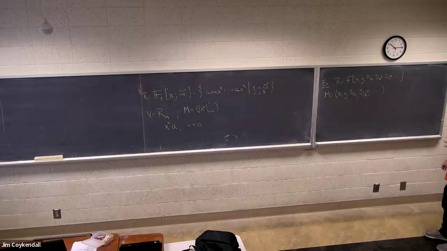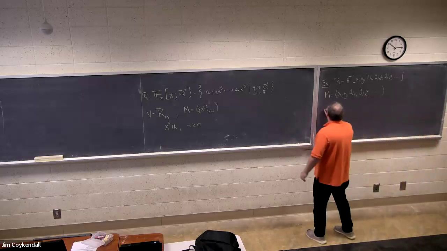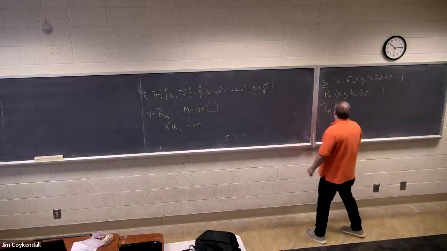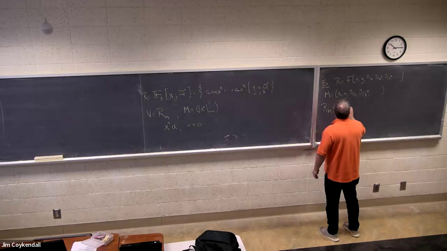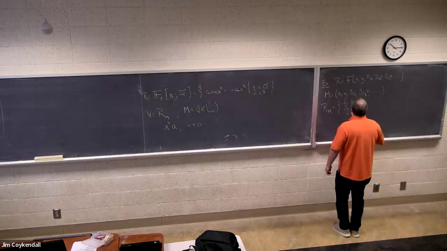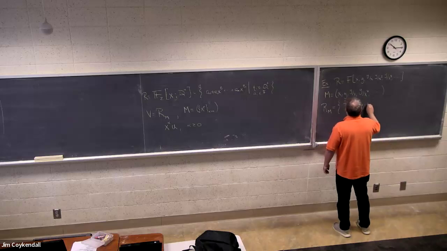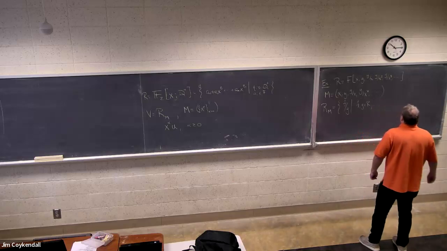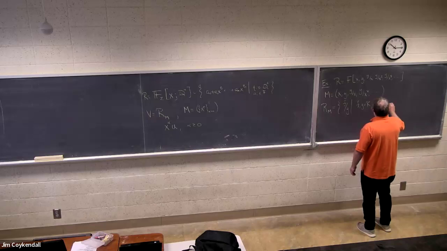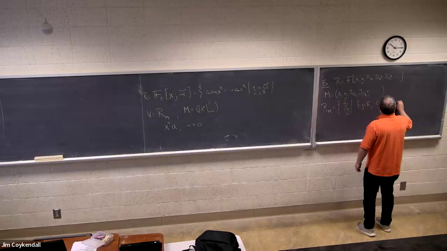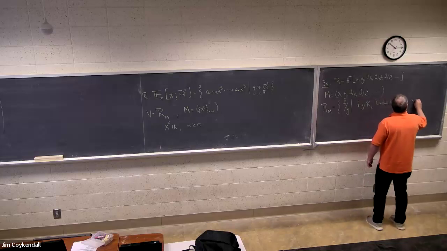This one's a little bit easier to wrap your head around. If you look at R_M, this is the set of F over G, where F and G are in R and the constant term of G is not zero.